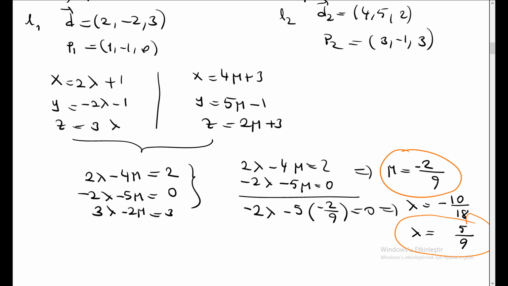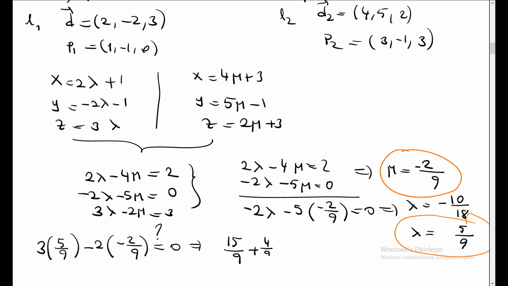Now I put this information here: 3 times 5 over 9 minus 2 times −2 over 9 should be 0. So check this one. You have 15 over 9 plus 4 over 9, which is not 0. So there is no solution.